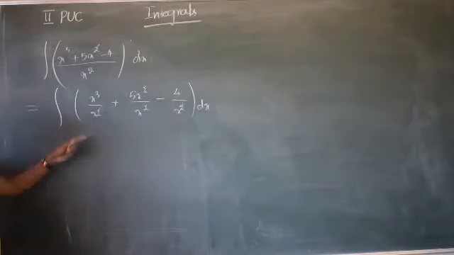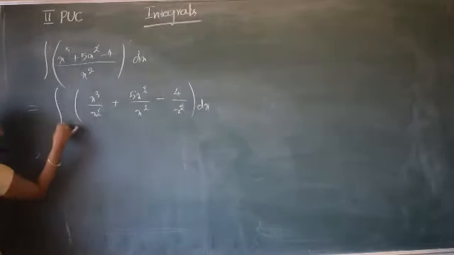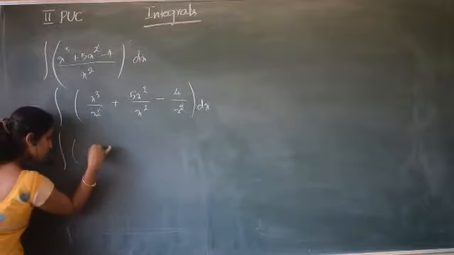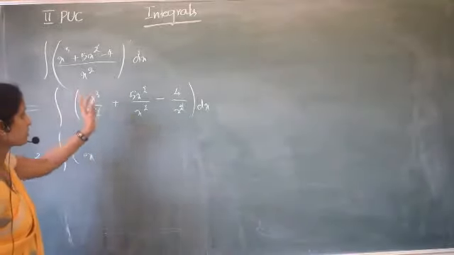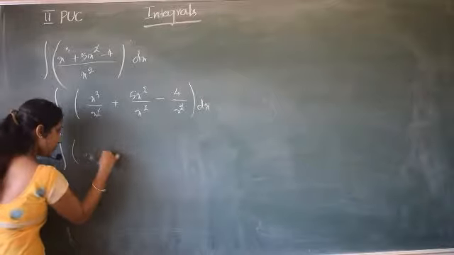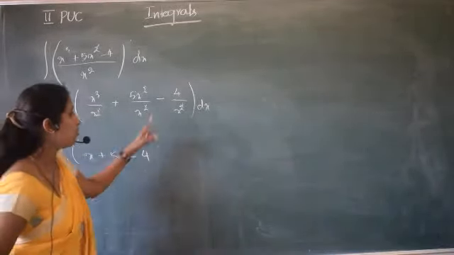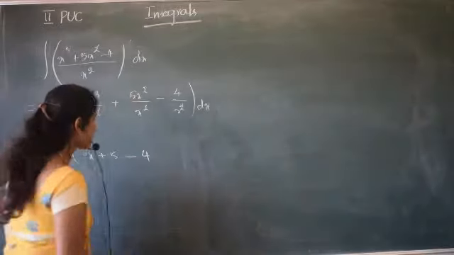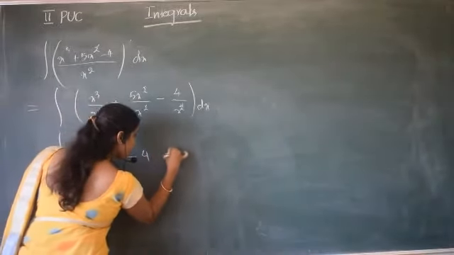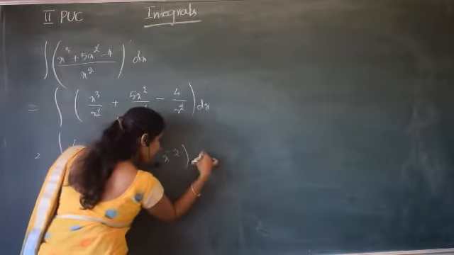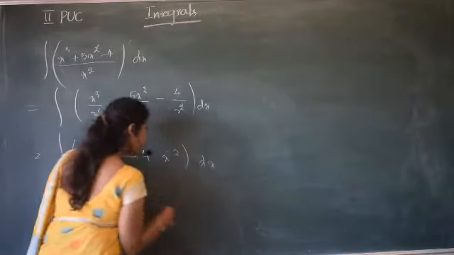So here it will be x, here x square cancels, plus 5, and there it will be 4 into 1 by x square, which is x to the power minus 2, into dx.